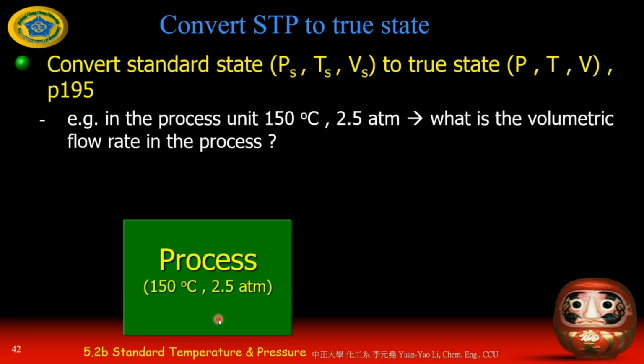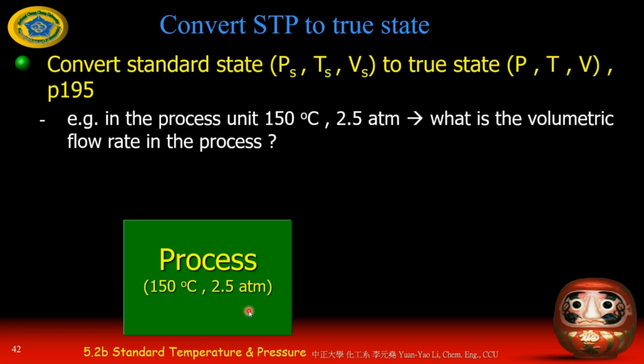So again, you have 3 ways to find the answer. One is to check the handbook, right? The Bible, the chemical engineering handbook. Second, estimate. The third one is to measure it. If you think of the third one, can we measure the volumetric flow rate in this condition?